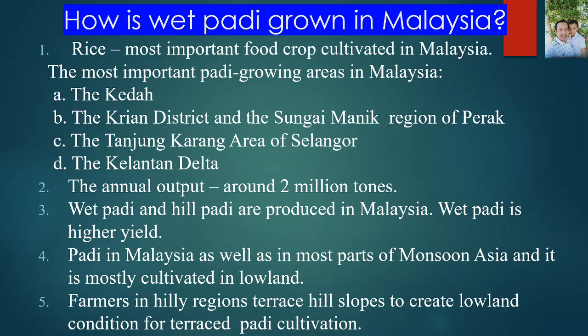And the most important wet paddy growing areas in Malaysia are, first, the Kada plains, in the Muda irrigation scheme area. And the second one, the Tanjung Karang areas of Selangor.